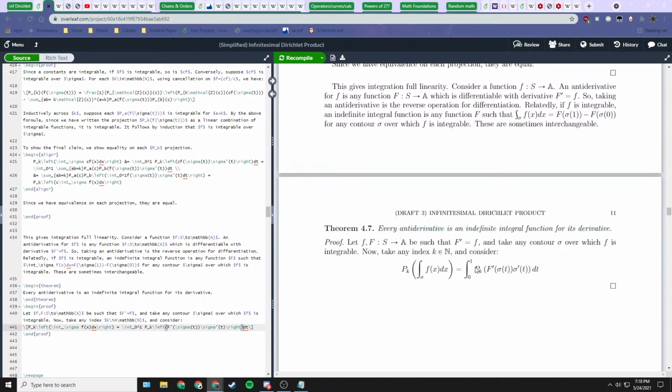We pull in this projection, p sub k. And then this is just the p sub k projection of d/dt of F of sigma of t. That's just literally what that is.